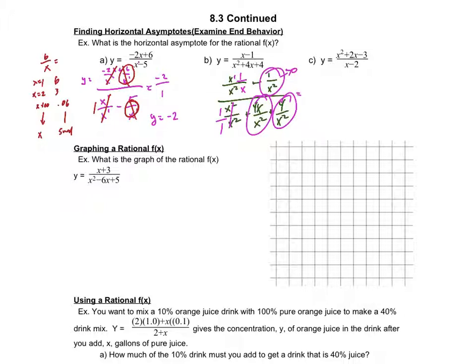So this ends up becoming just x over 1. So as x increases, the equation increases, so it will go on forever towards infinity. So there is no horizontal asymptote.